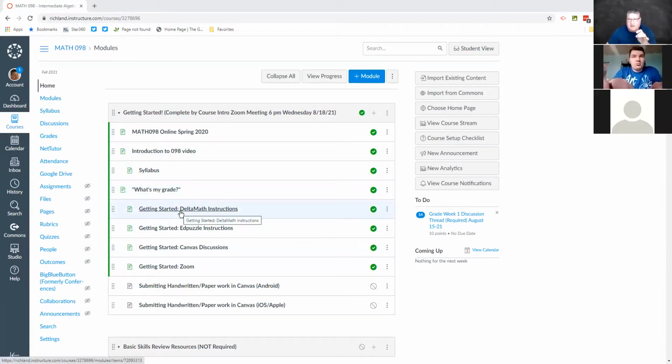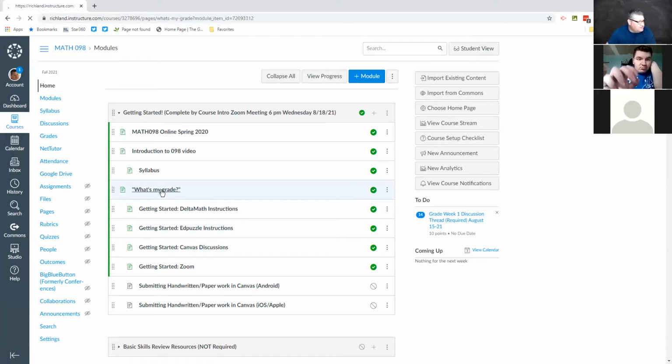You should already be logged into Delta Math and Edpuzzle. You should already have those accounts set up. And honestly, at this point, you should probably start using those, as well as making sure you're doing the Canvas discussions.